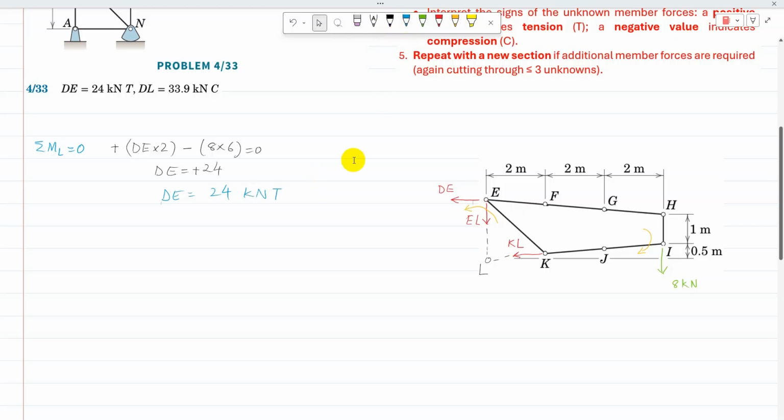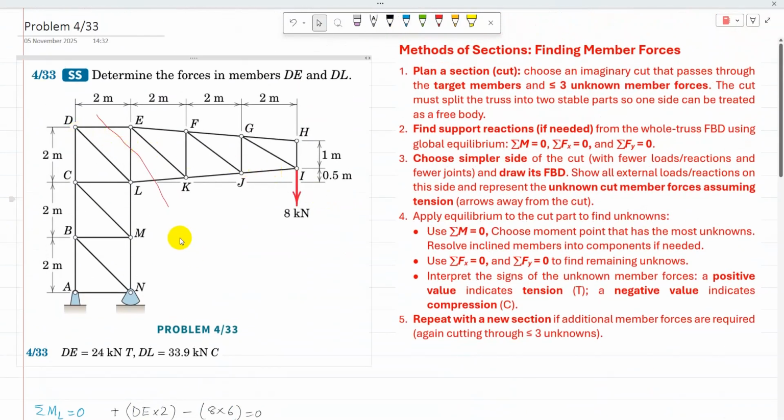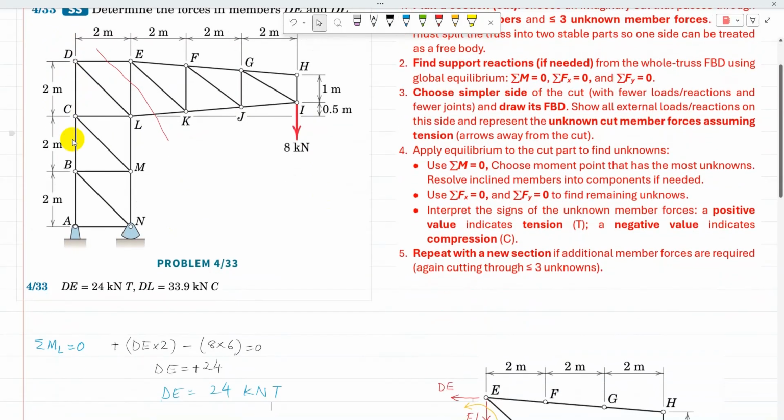The next step is to find DL, and for that purpose I can select joint D and draw its free body diagram, and then use the method of joints to find DL.